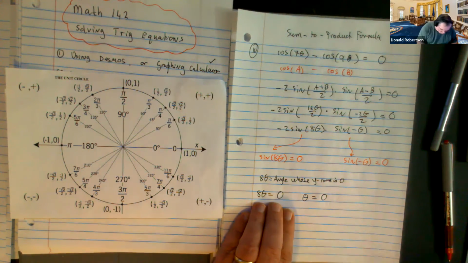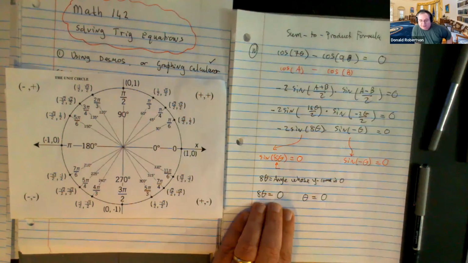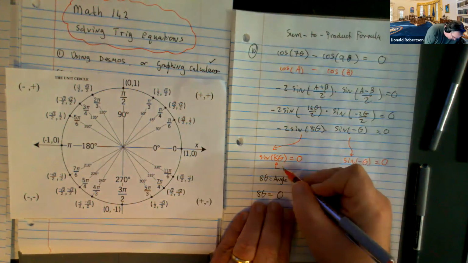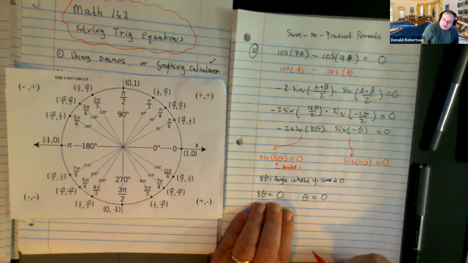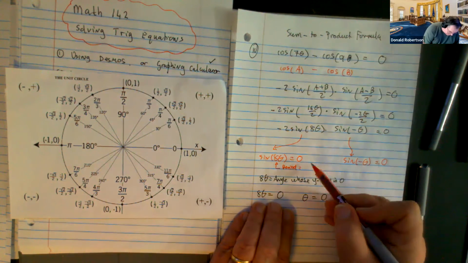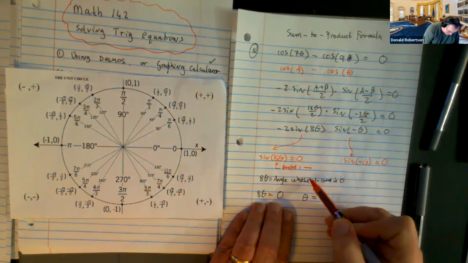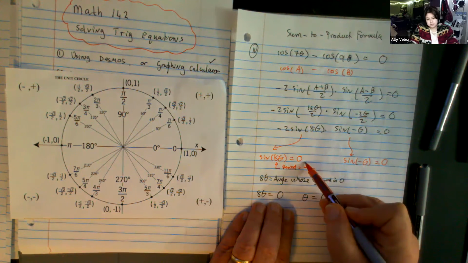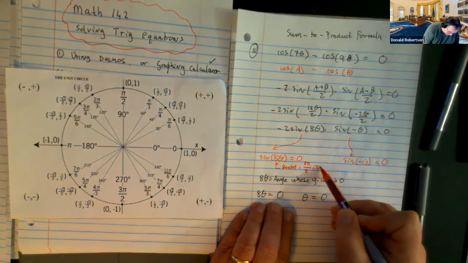What is the period of sine of 8 theta? How do you find the period then of the sine of 8 theta? Is it pi over 4? It will be. It's 2 pi over 8, which is pi over 4.